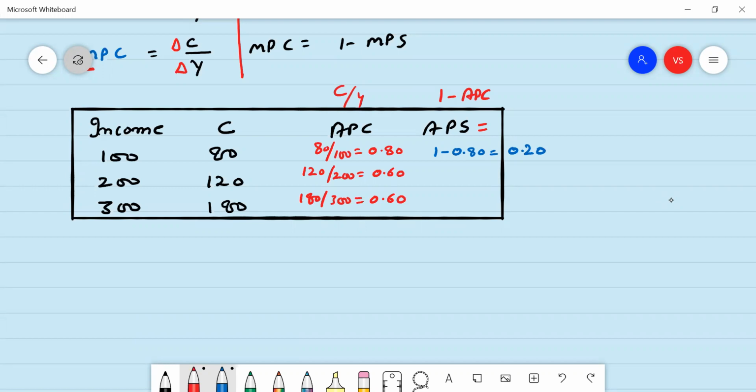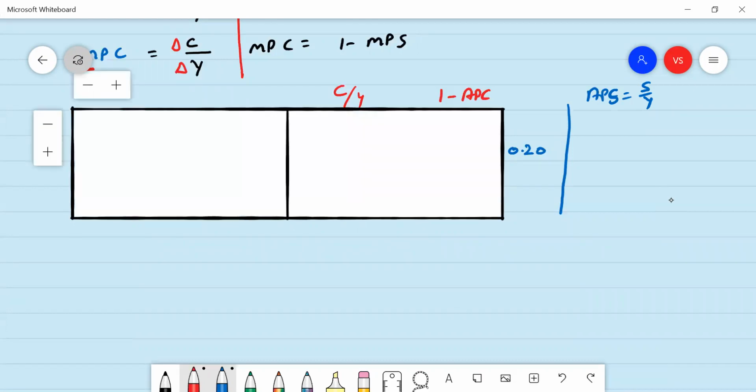Likewise 1 minus 0.60 will be 0.40. Now again 0.40. So one way is to get it this way. Now APS can also be found by another formula, APS equals S upon Y. So you need S. So here you can get S.